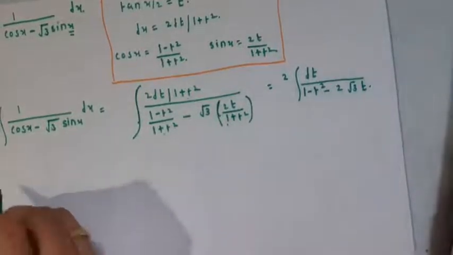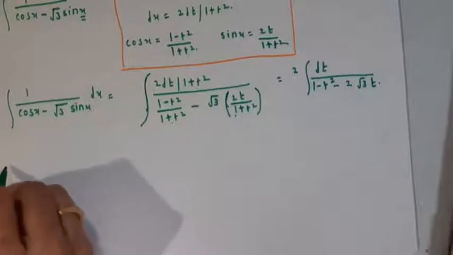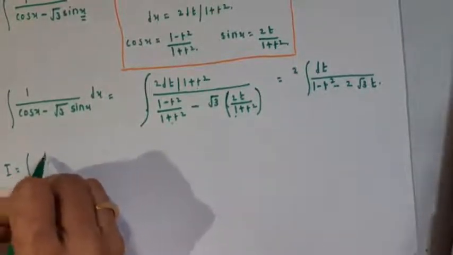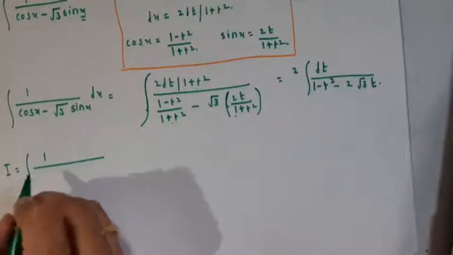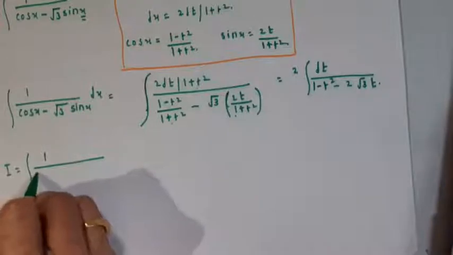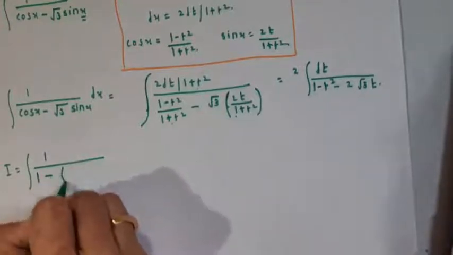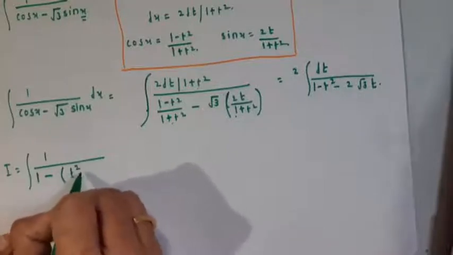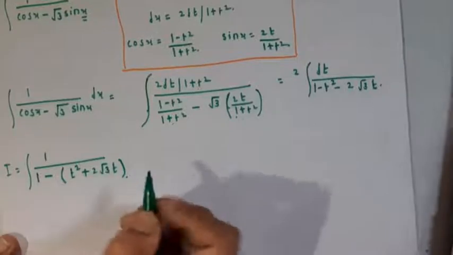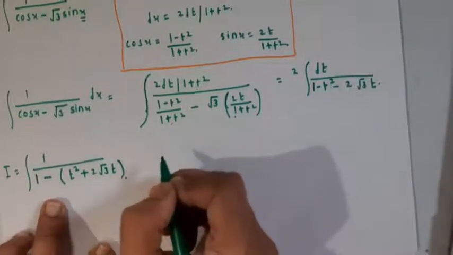Okay, now let us solve the integration of 1 upon, let us take the negative sign common out. We get 1 minus, the negative sign is outside the bracket, t square plus 2 root 3t. Okay students, now for completing the square, let us adjust the term.